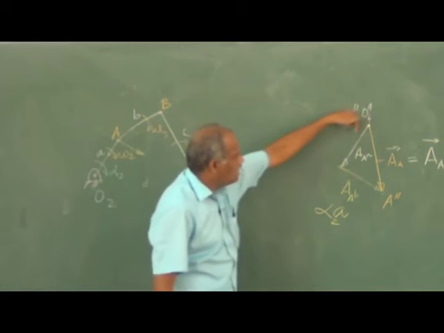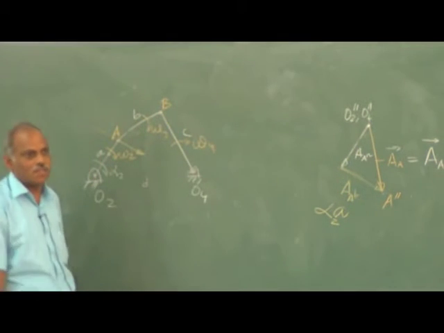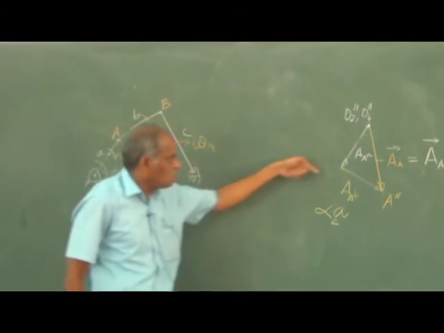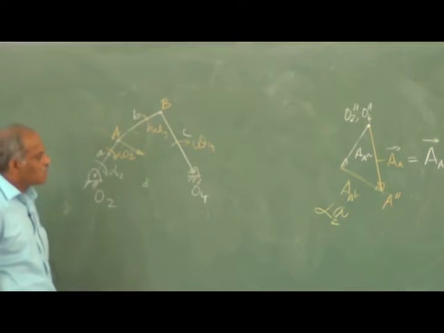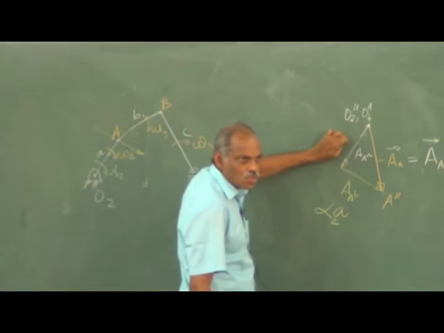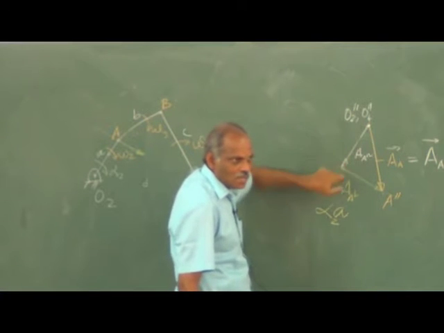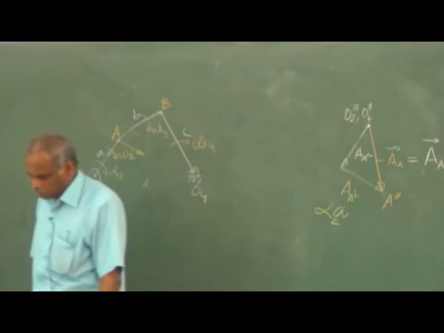So the normal component, the centripetal component, comes because of the change in direction of that vector. The tangential component is change in magnitude of that vector. So both the effects of change in magnitude and direction give me the net acceleration.